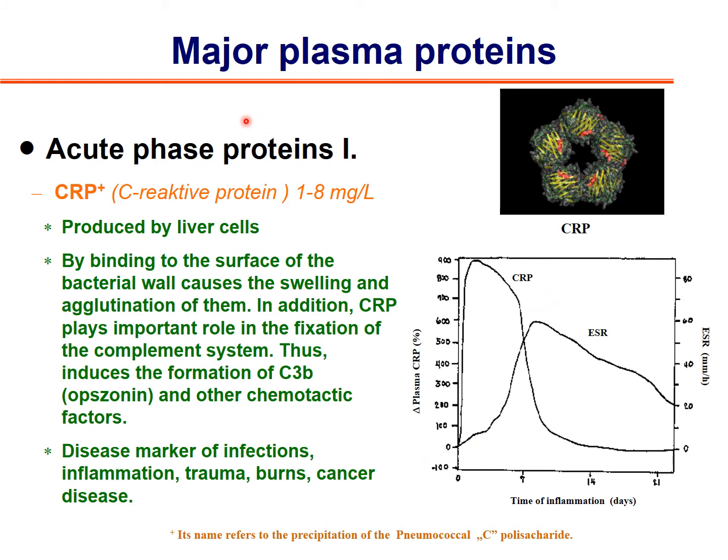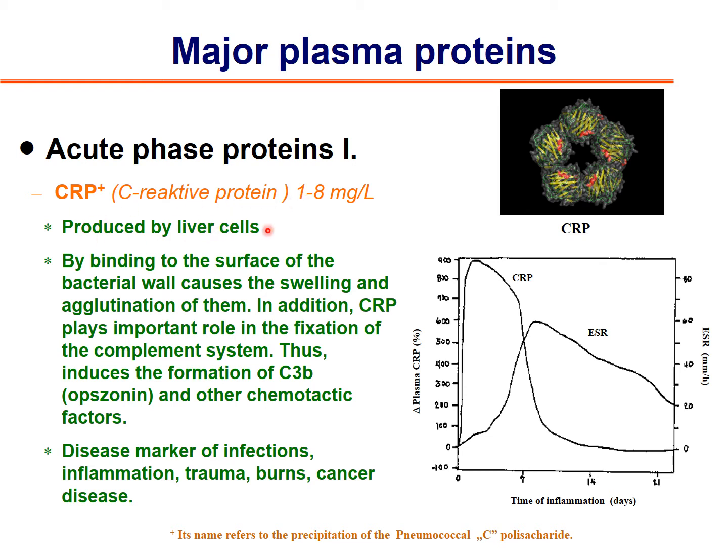Another thing is the acute phase protein, such as CRP or C-reactive protein. It's usually detected during inflammatory reactions, and the concentration ranges from 1 to 8 milligrams per liter. But in the case of, for example, cardiovascular heart diseases, it's better to have around 1 or a maximum of 3, because it is an independent risk factor for coronary sclerosis or atherosclerosis.